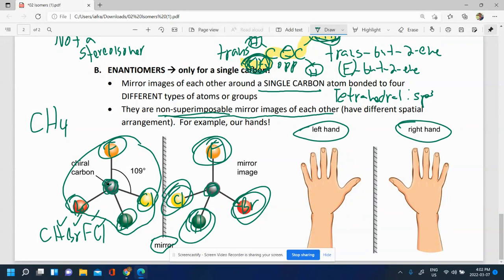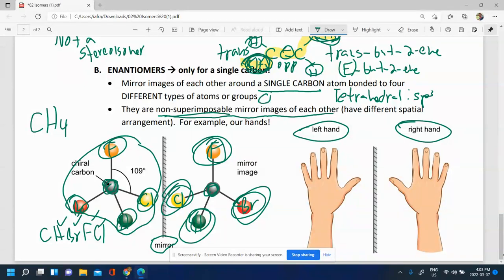And a carbon that has 4 different groups on it has a special name. We call it a chiral carbon. So a chiral carbon is a carbon that has 4 different groups attached to it, and it's tetrahedral.